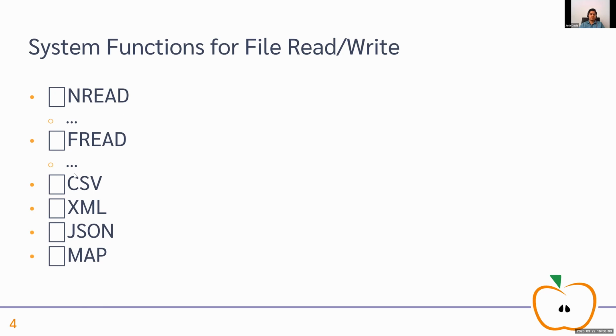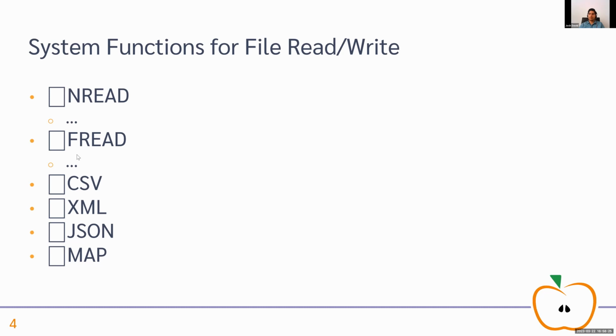Some you should be aware of are quad N read and quad F read. Quad N read is for native file reading, so any type of text file or any type of file on your operating system, you can read it in, and there are more options to control specifics. Quad F read refers to component files.